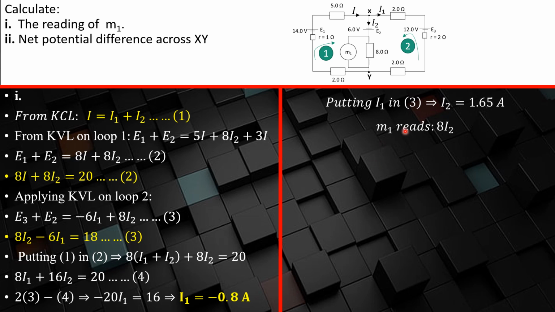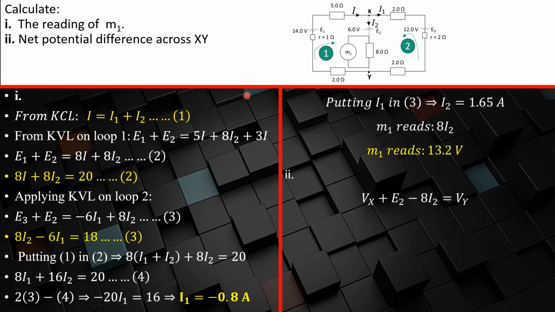Since I want the reading of M1, M1 is the voltage across this 8 ohm resistor, which is the resistance multiplied by the current through it, I2. That's why M1 reads 8I2. Multiplying 1.65 by 8, you have 13.2 volts.